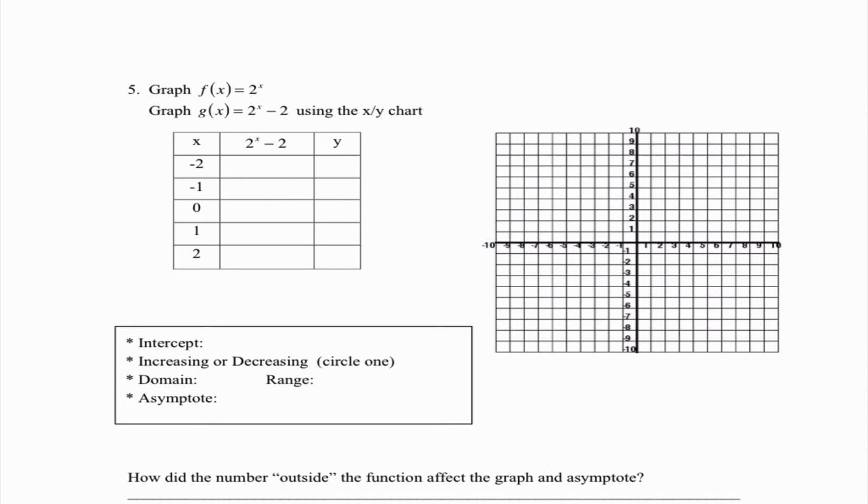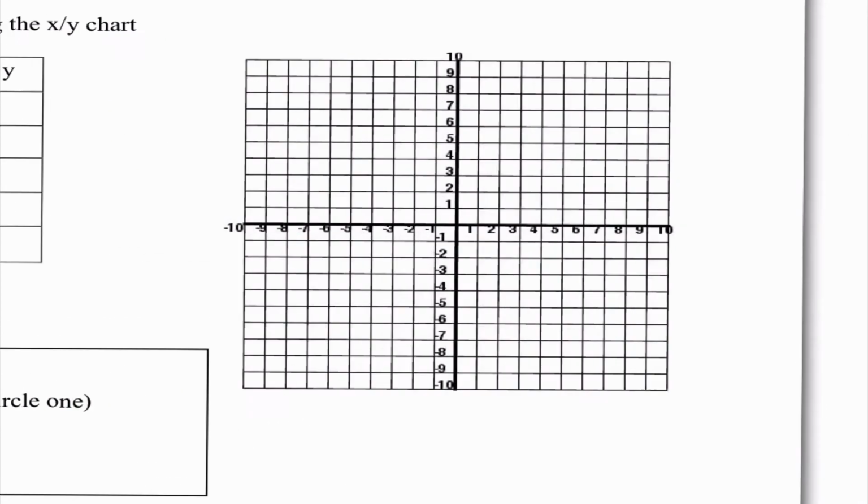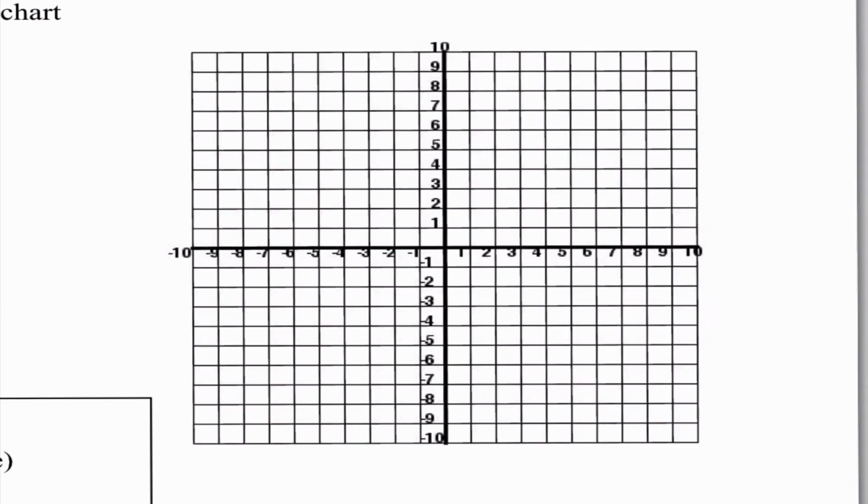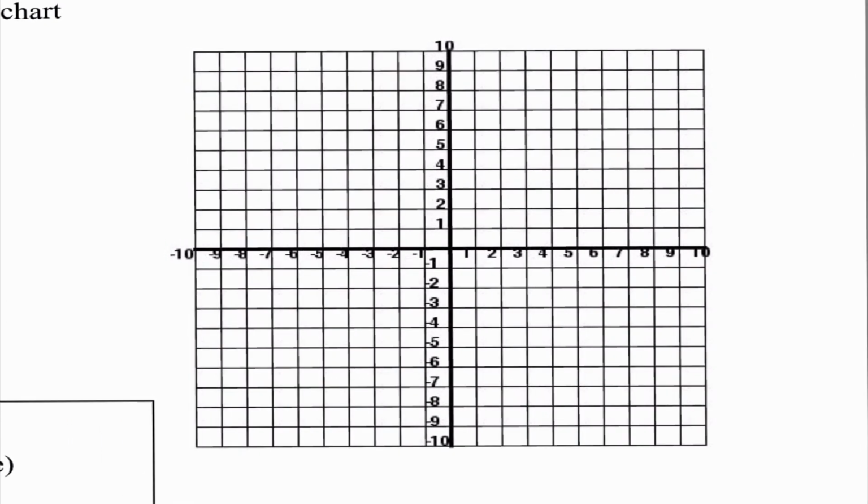Okay, yes, we're finally almost there. And on this one, we are definitely going to see some interesting things happen. So it says graph f of x equals 2 to the x power. And we're going to go ahead and once again plot all those points.